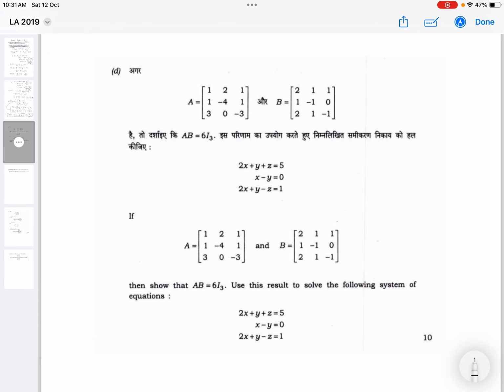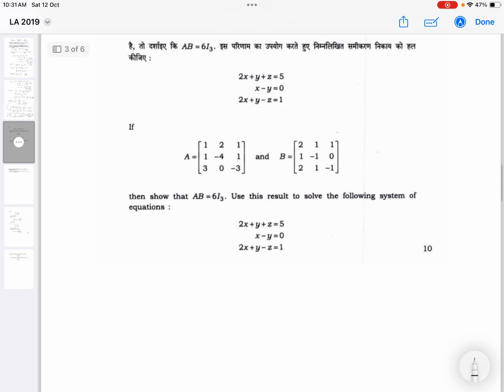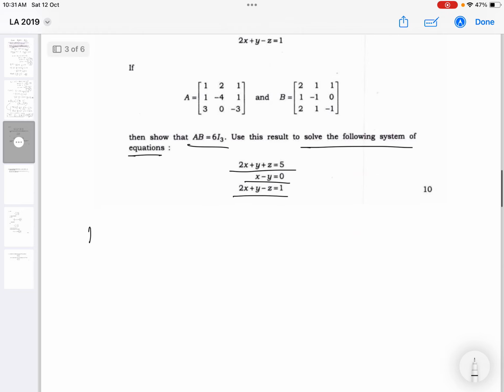So now coming to the second question. We have to first solve this and then solve the following system of equations. So basically using this we have to solve this. Now first we need to show what AB is. तो A is 2 1 1, minus 4 1 3, 0 minus 3.